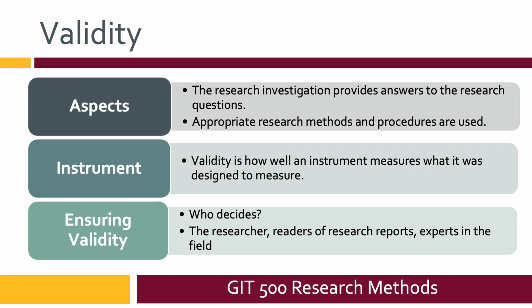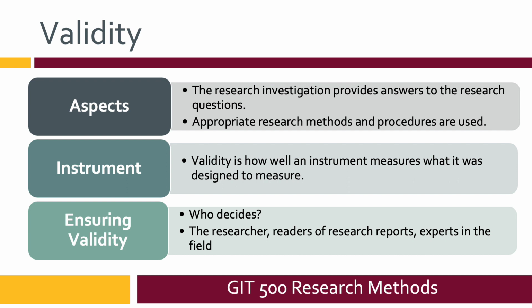The aspects of validity are that the research investigation provides answers to the research questions or the objectives, right? And that appropriate research methods and procedures were used. So all the things we've been learning about being used in the correct and proper way. And that the instrument that is being used, validity shows how well that instrument measures what it was designed to measure.